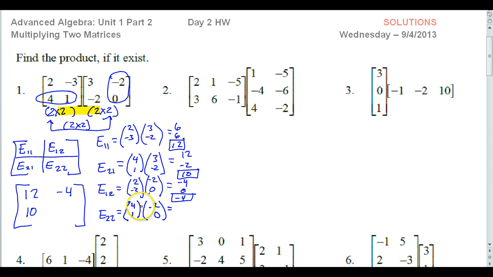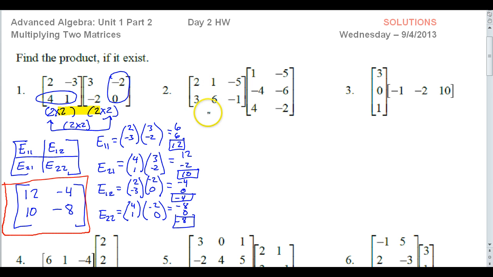So that's going to be negative 8 and 0 as we multiply. So that gives us negative 8 for the last element. So there it is. This is the product for problem number 1, and that basically shows how you do it.